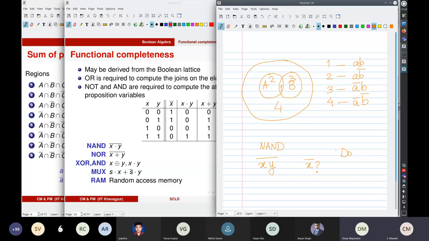That is one way of saying that you connect both inputs to X. This will give you X bar, and of course if you do this, this will also give you X bar.